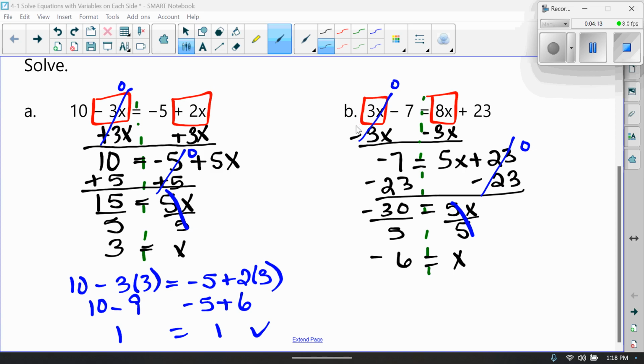So those cancel, leaving us with negative 7 is equal to 5x plus 23. Now it's just a two-step equation. So now we will subtract 23 on both sides. We end up with negative 30 is equal to 5x. Then we will divide by 5 on both sides, and x equals negative 6.